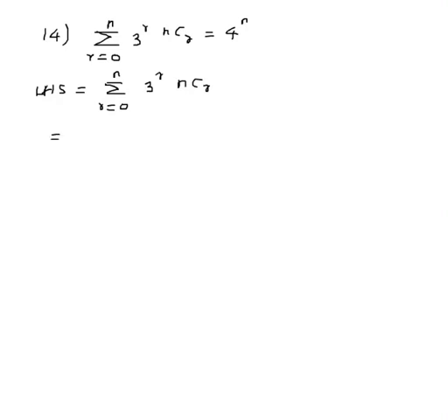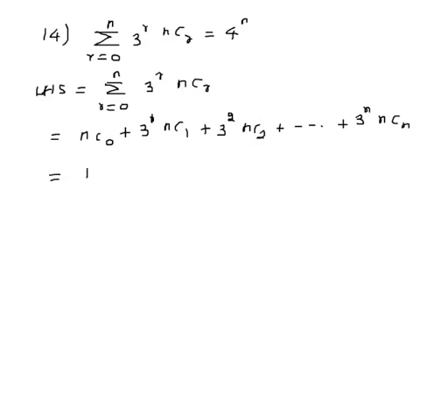Substitute r as 0. 3 raised to 0 is 1, and we get nC0. Next, r is equal to 1. So 3 raised to 1, nC1. Next term will be 3 raised to 2, nC2, etc. Last value of r is n. So 3 raised to n, nCn.